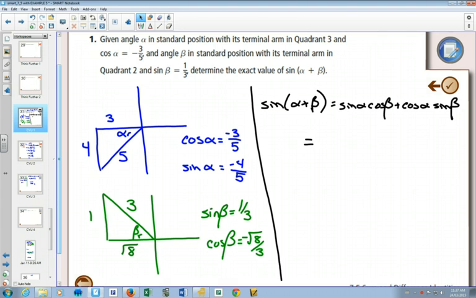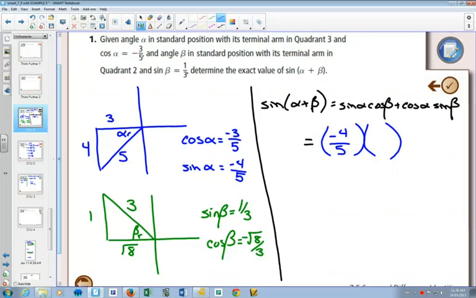The main question here is, do we write sine of -4/5, or do we just write -4/5? We have to ask ourselves, do we know what alpha equals, or do we know what all of sine alpha equals? We know all of sine alpha equals -4/5, so we can replace all of sine alpha with -4/5.